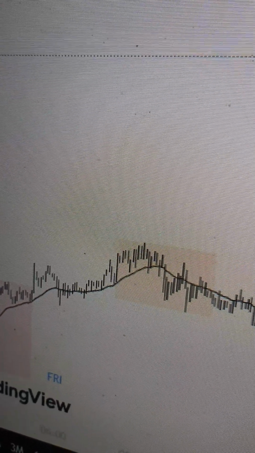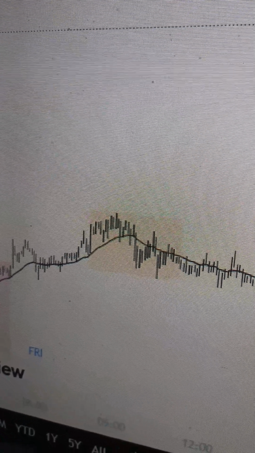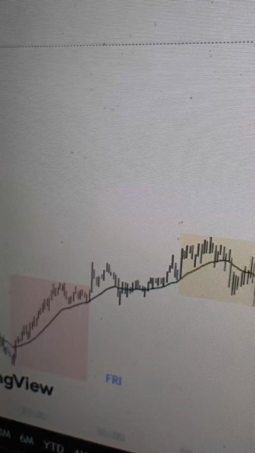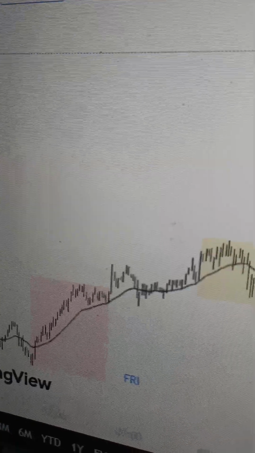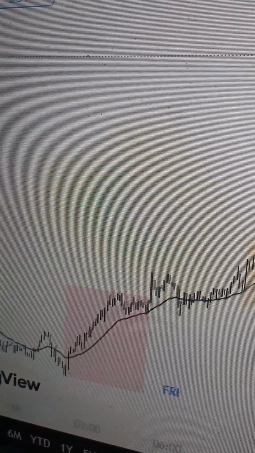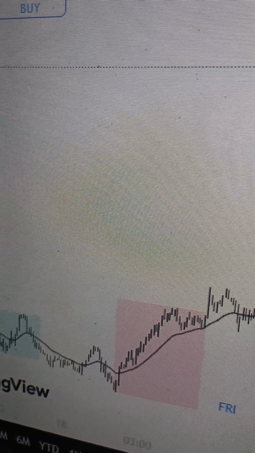We want a break of the 20 EMA, then a break and retest of the 20 EMA, and when we are retesting an SNL at that point. So that is what we are looking at, and this is short term.